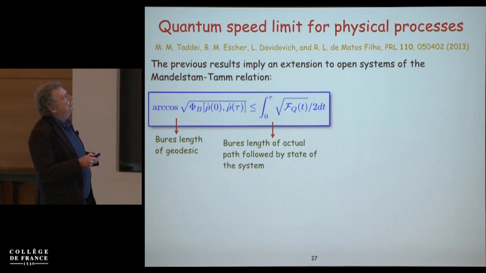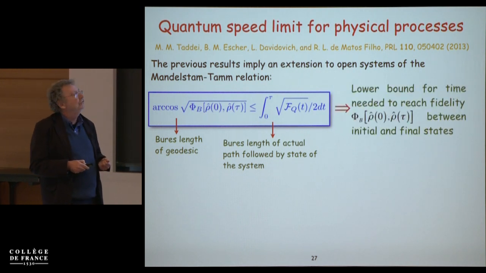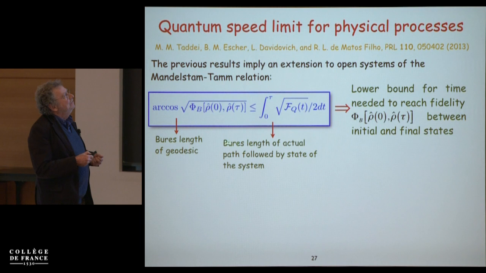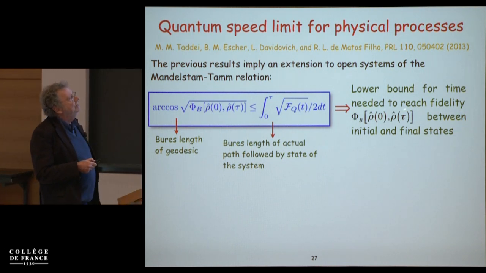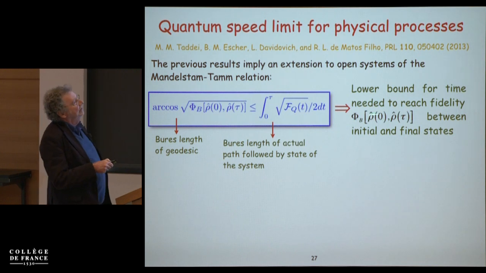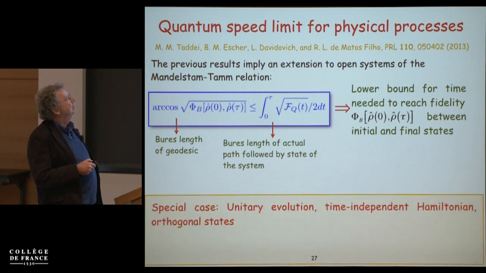Now, of course, here we don't have the energy because it's an open system in general. So we have the quantum Fisher information. In fact, this expression, as before, gives us the lower bound for the time needed to reach a fidelity, say, given by the phi_B, between initial and final states, or some distance between them.